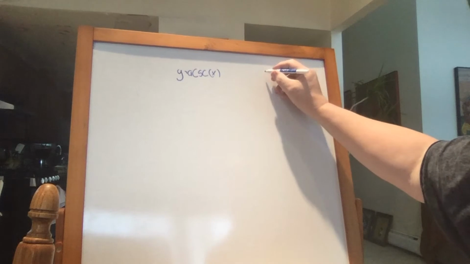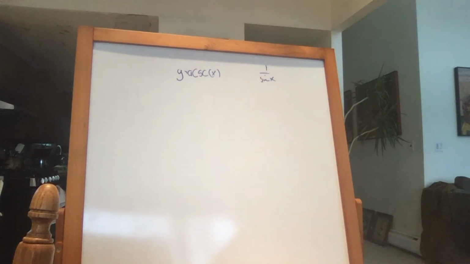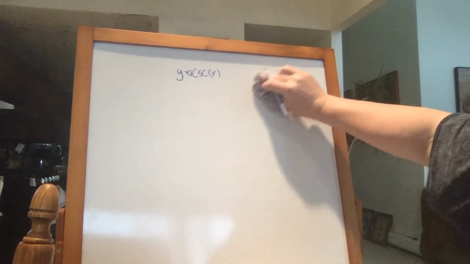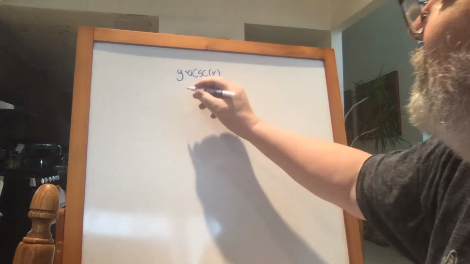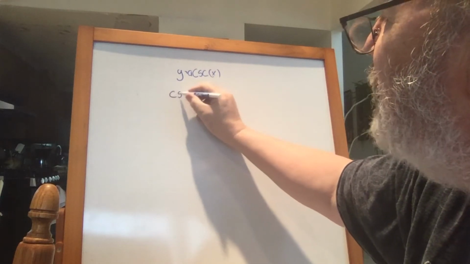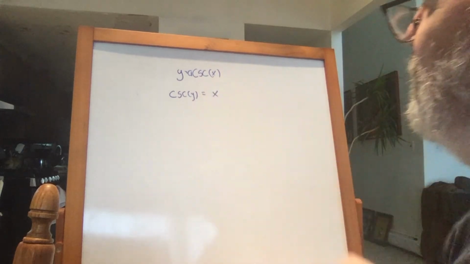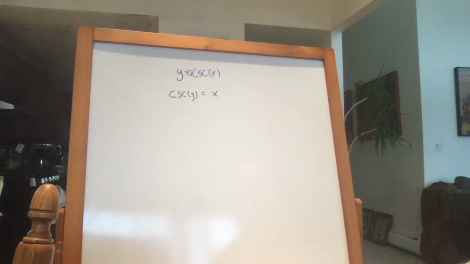Remember, the cosecant is 1 over the sine of x, just for memory's sake. So the cosecant of y equals x. I hope that's obvious now.